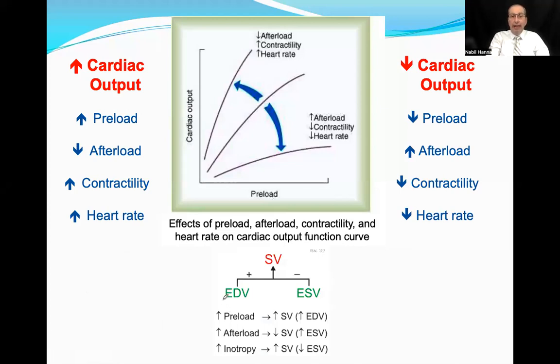So at the end of diastole, this end diastolic volume of blood accumulates in the left ventricle. If we give a number for that, let me say 135 milliliters of blood. So the end diastolic volume of the left ventricle is 135 milliliters of blood.